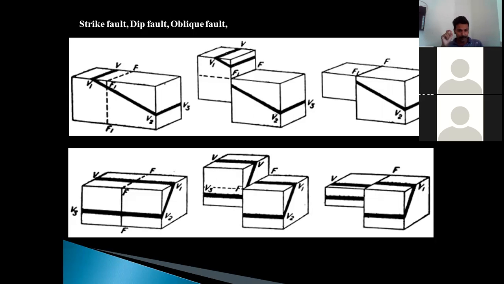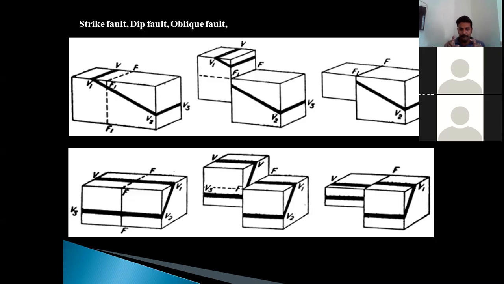Here, if the displacement or the movement or the fault line is parallel to the strike of the bed, then in that case, that will be called a strike fault. In the first diagram you can see that the fault line, or the fault plane, is parallel to the strike of the bed, which is shown in the black band. In that case, that will be called a strike fault.